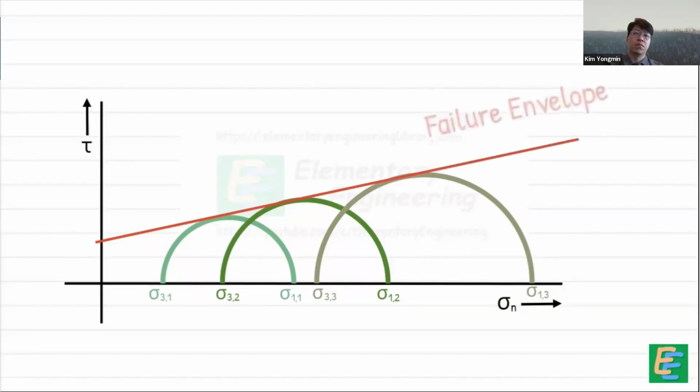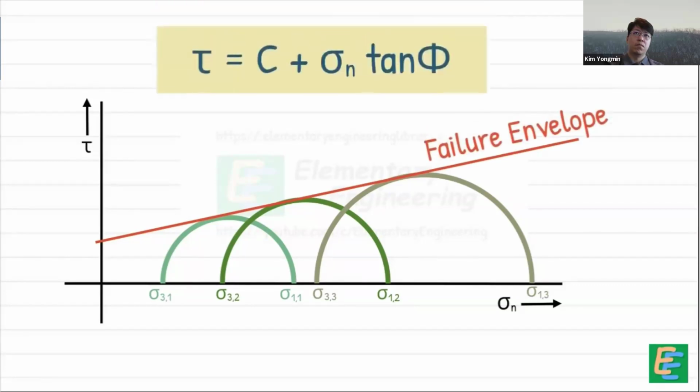This line is called the failure envelope. This line is described by this. This also we have learned in our previous video. The slope of this failure envelope gives us the angle of internal friction or angle of shearing resistance. Also, the intercept this line makes at the stress axis is the cohesion.